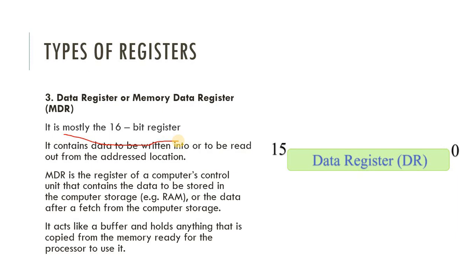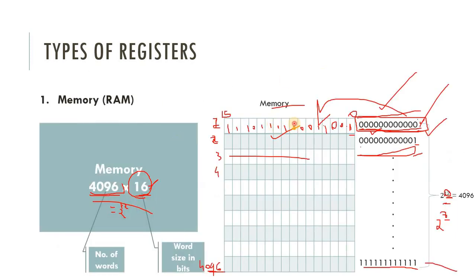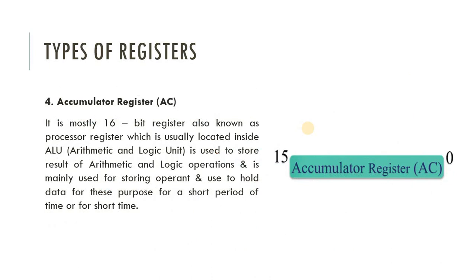Suppose I want this data and I want to add 12 to it. So first we need to temporarily fetch this data and store it in the data register, and then we'll perform the arithmetic operation on it. Now next is the accumulator register.